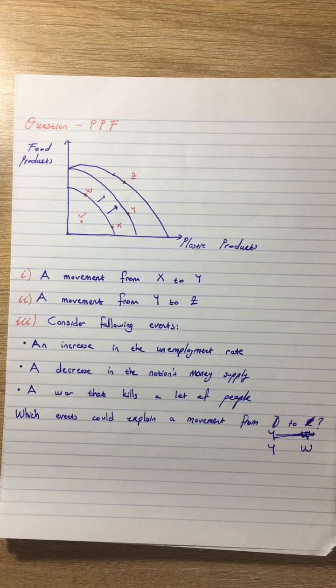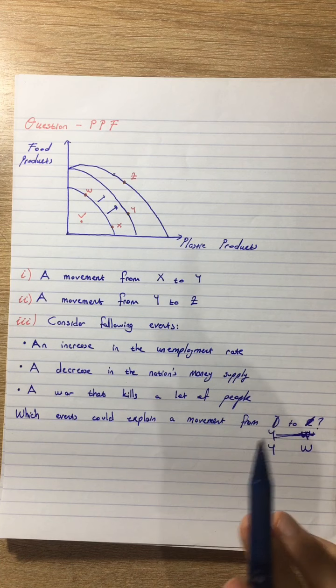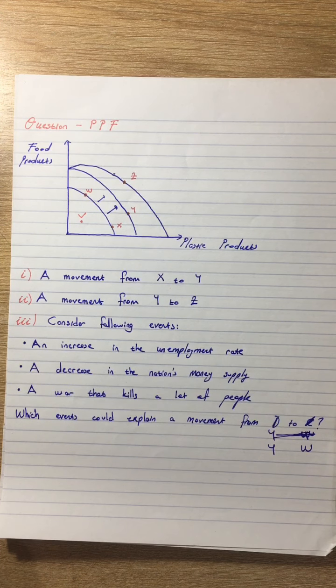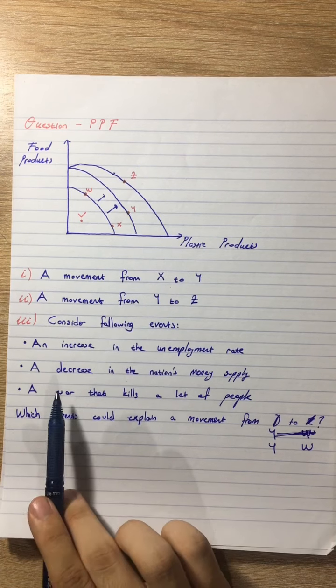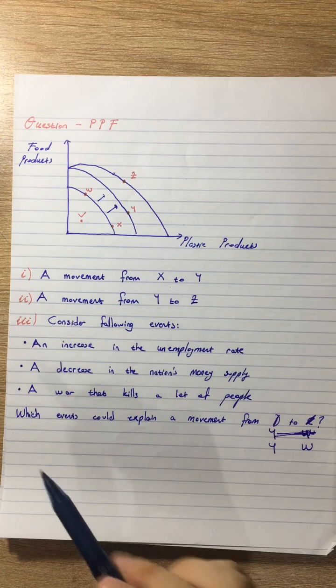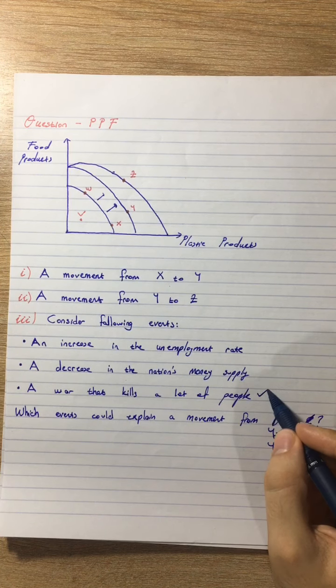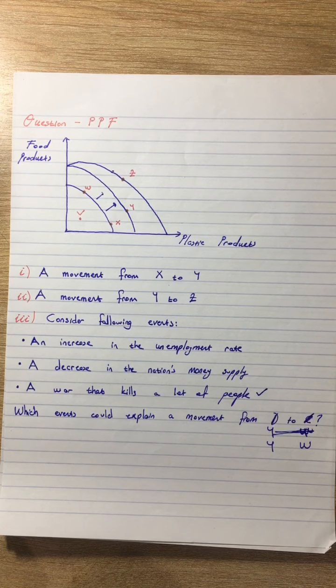So let's go one by one. An increase in the unemployment rate doesn't explain a decrease in production capacity. A decrease in the nation's money supply is unrelated to this topic. A war that kills a lot of people? Yes, that is the reason, because if your working people are dying, you cannot produce as many items as before. If there is a war that kills a lot of people, then your production capacity will tend to decrease.